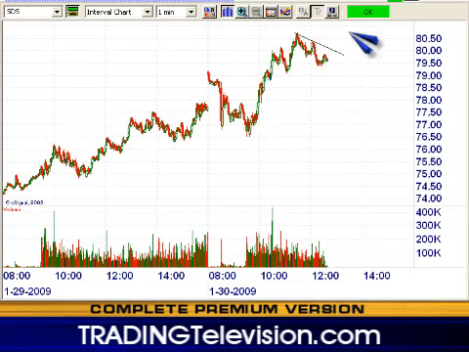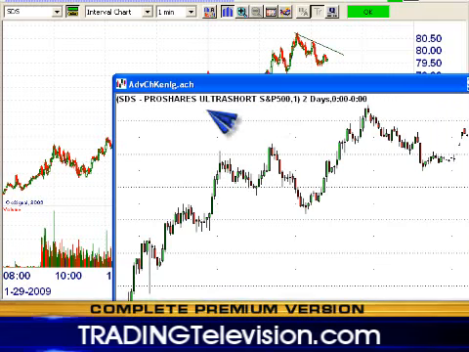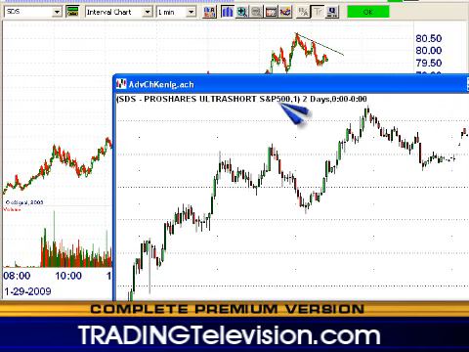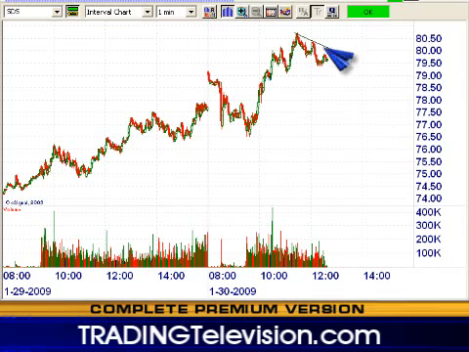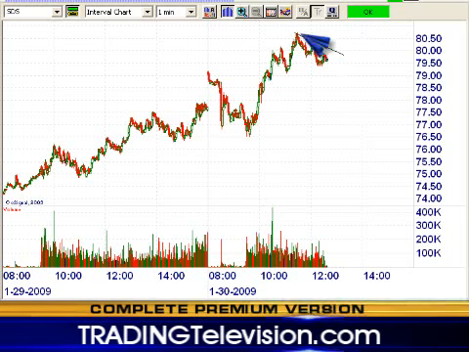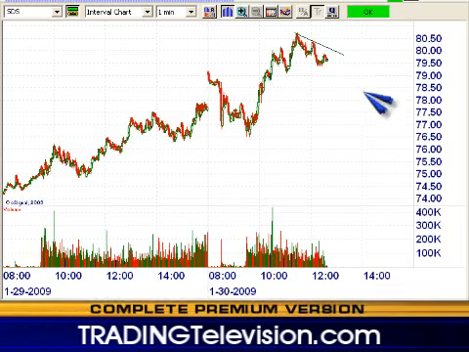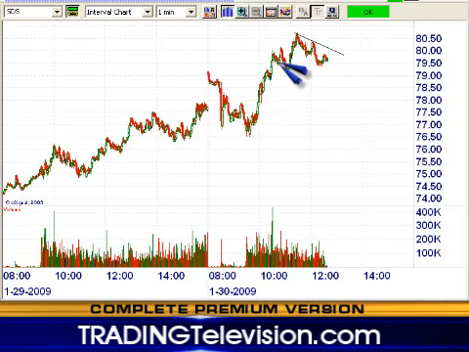So if it gets over the 80, that tells me that sellers have come back into the market, because this is the ultra short, a short S&P ETF, and it's likely a good time to exit any open longs. But as long as it continues on down or drifts on down and stays under this trend line, I'm okay staying in my long positions.